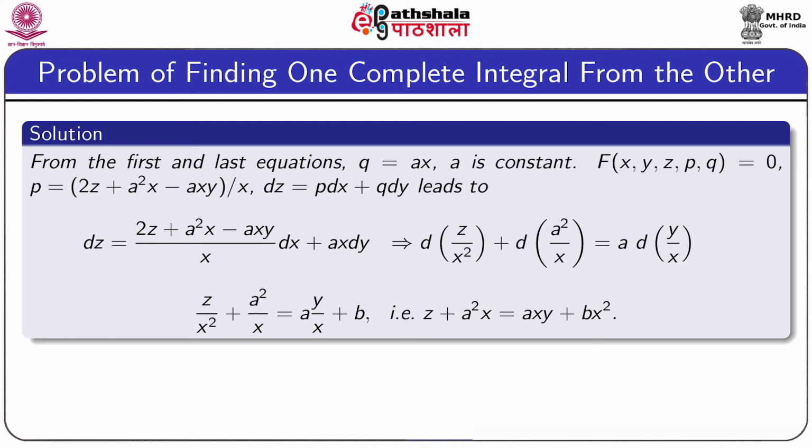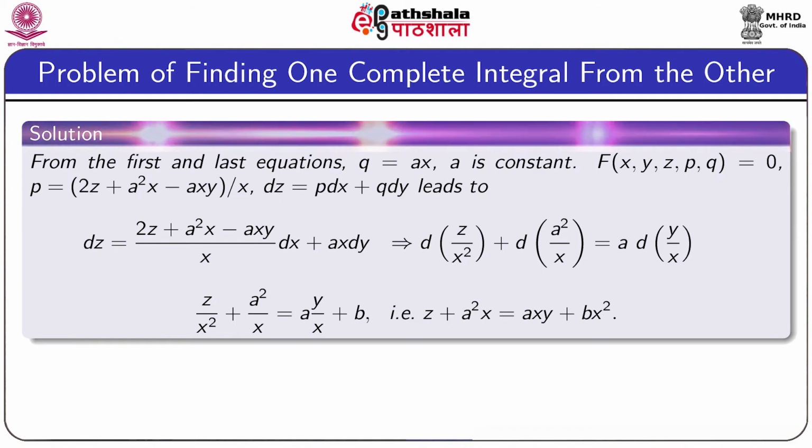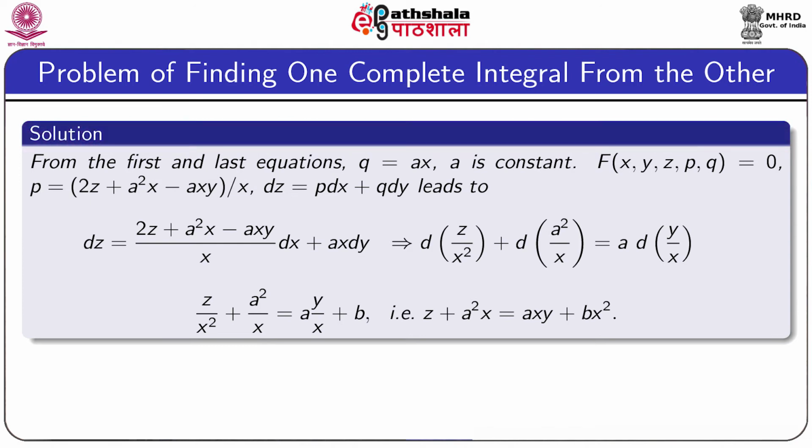Now from this auxiliary equation, if you take the first and last equation, we can find the integral easily. q as a function of x is ax, where a is a constant. Now from the given equation F equals 0, if you substitute the value of q, we can find the value of p as some function of x, y, z and a.